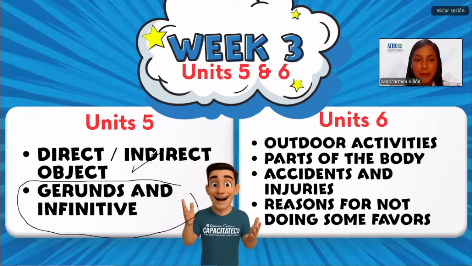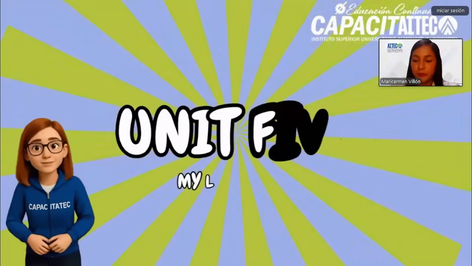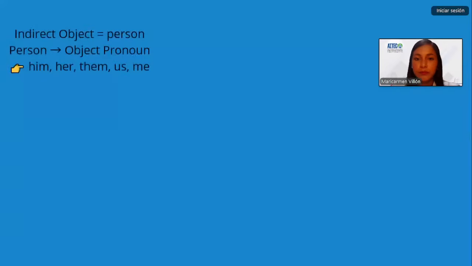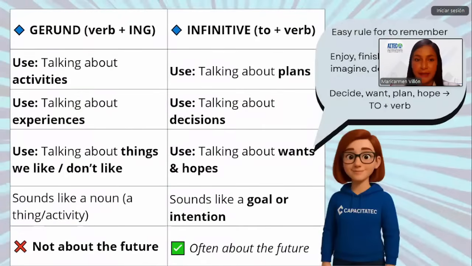In Unit 5, remember, we had two things. We did already direct and indirect objects, and now let's focus on gerunds and infinitives. Okay? So let's go back to where we were to start explaining gerunds and infinitives.